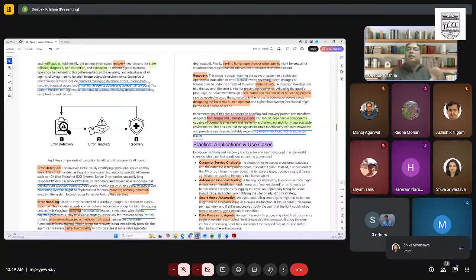But if my response is not giving me the right format of results, I can tweak my prompt as well. So that depends on a case-to-case basis. Retry also. Okay. So error handling, yes, we can retry, we can use alternative strategies, fallback mechanism, partial functionality.